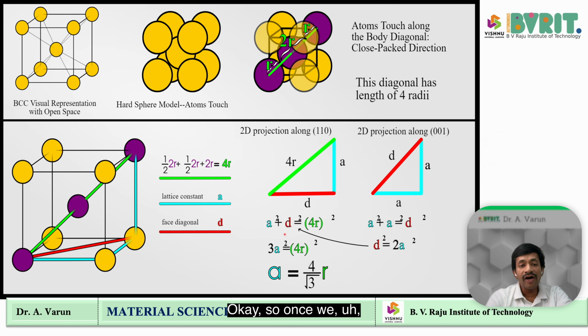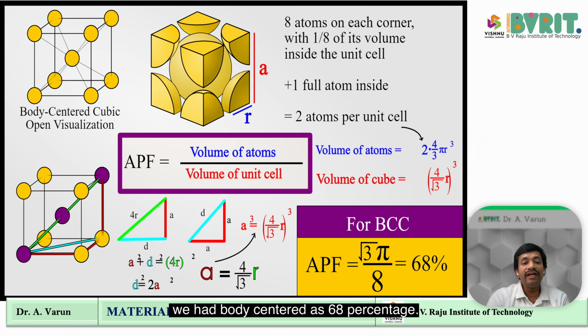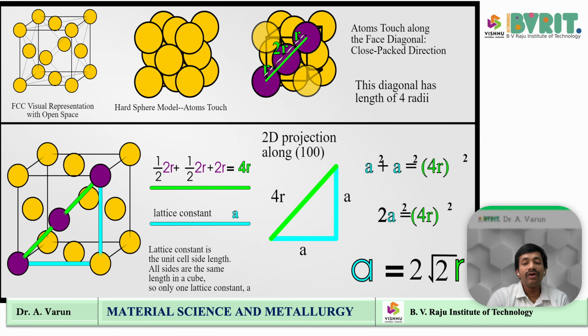Once we make the entire simplification, A will be equal to 4 by root 3 R. Now here we got for body centered, A is equal to 4 by root 3 R. Earlier, if you remember, we had A is equal to 2 root 2 R. We had body centered as 68 percentage.